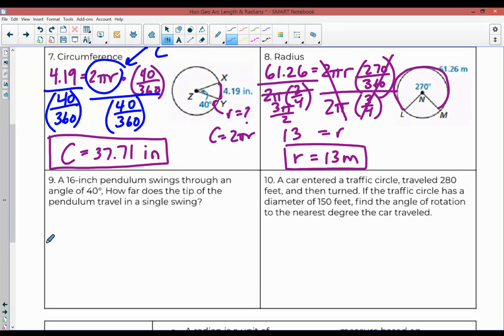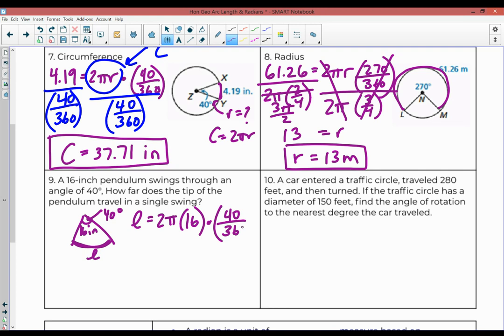A 16-inch pendulum swings through an angle of 40 degrees. How far does the tip of the pendulum travel in a single swing? So a 16-inch pendulum goes through 40 degrees, and we want to know how far it swings. That would be the length there. So the length is going to be 2 pi r times x over 360.